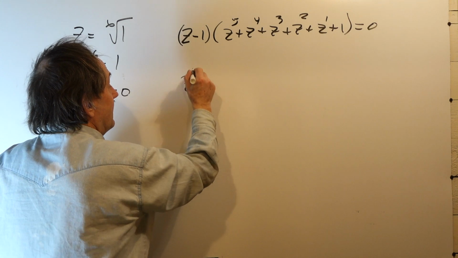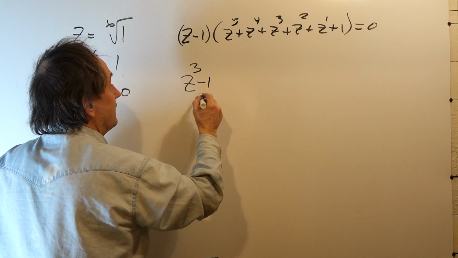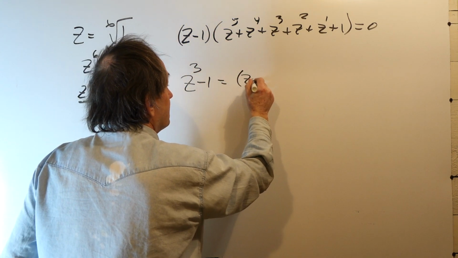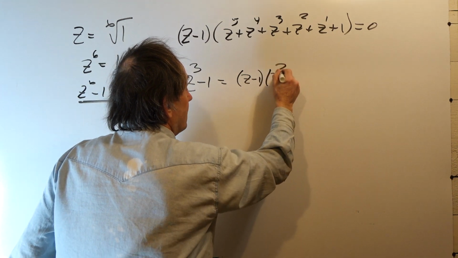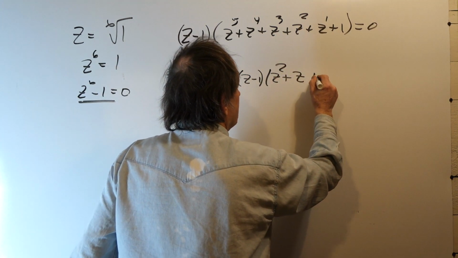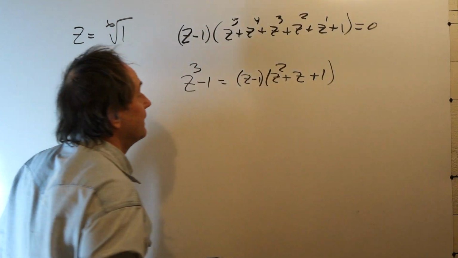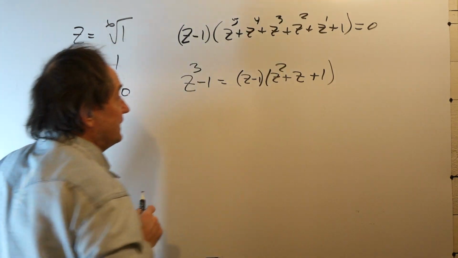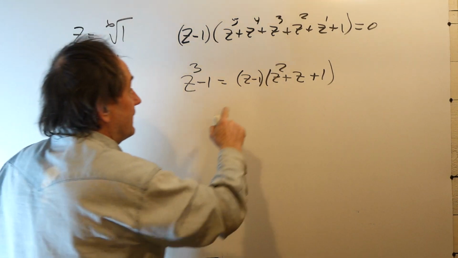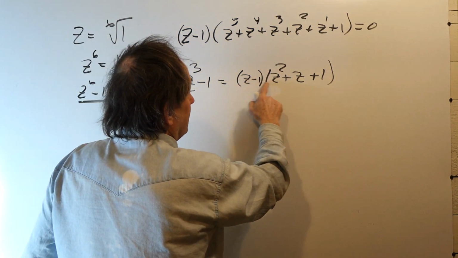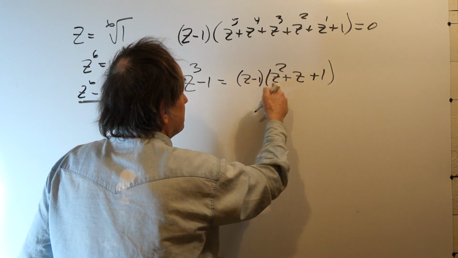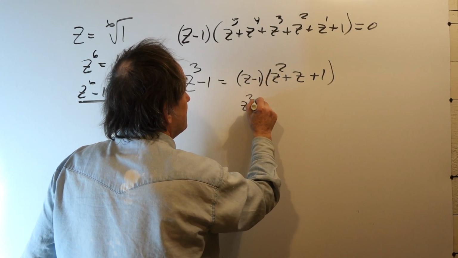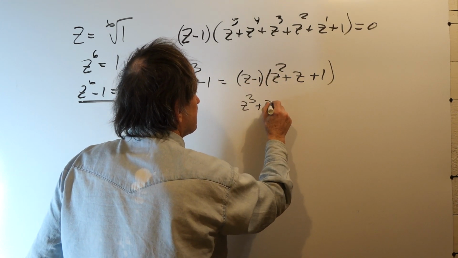Suppose we have z cubed minus 1. Well, we can write this as z minus 1 times z squared plus z plus 1. And we're guaranteed that that will be equal. Again, you can see that if we multiply z through on this equation, we have z times z squared, which is z cubed. Z times z is z squared.